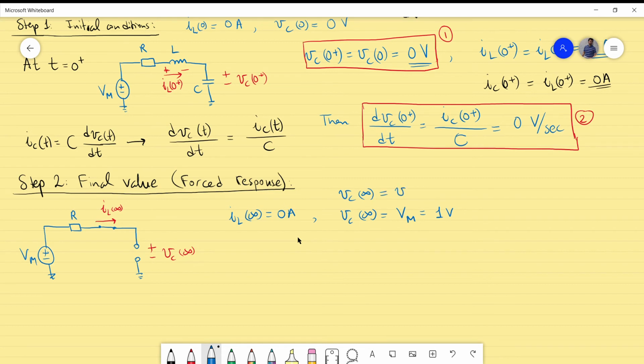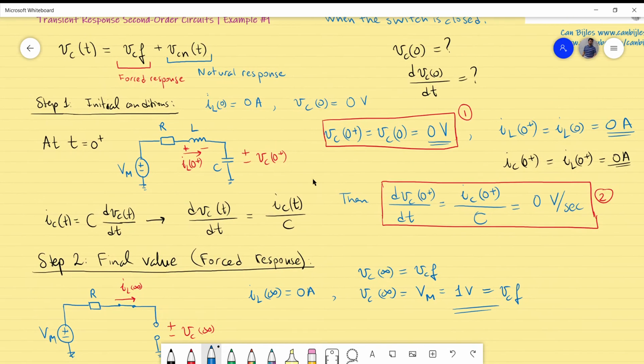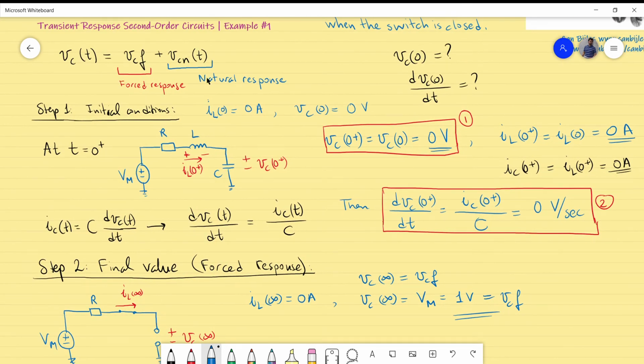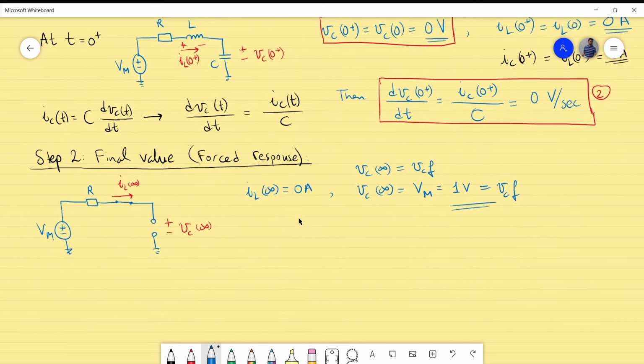So this is the capacitor voltage forced response. This is one of the unknowns for the expression of the capacitor voltage. We already determined this. The natural response is our next step, step 3. So let's start with that.